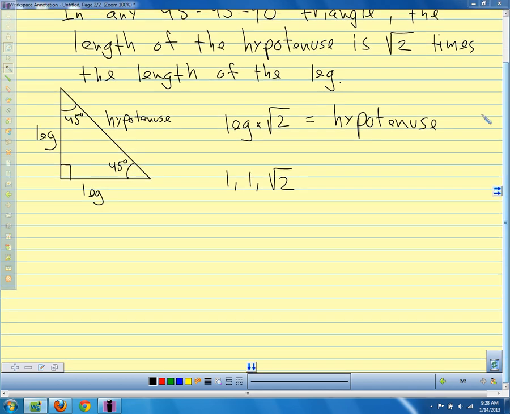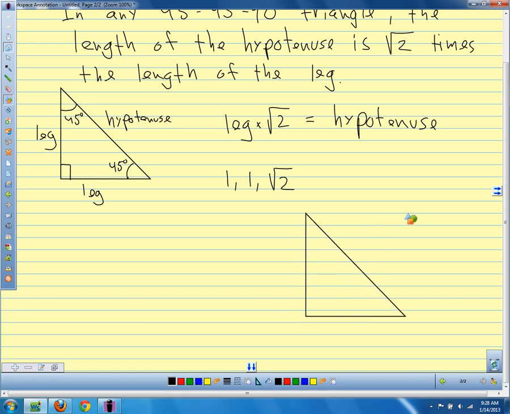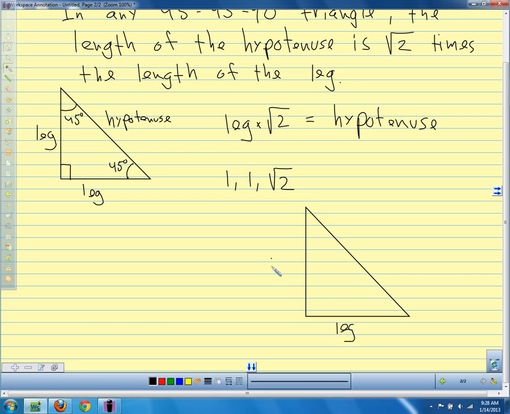The way that I think might be the most helpful is if you draw another little picture in your flip book, we'll make a diagram. So leg, leg, hypotenuse. And this is a 45, 45, 90 again.